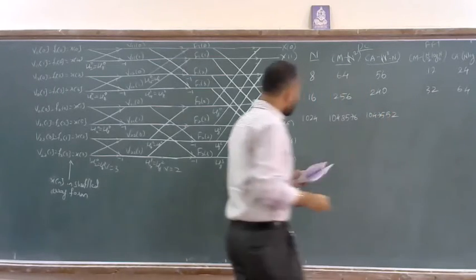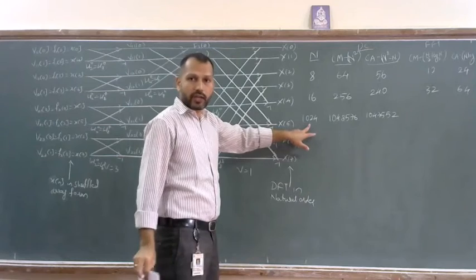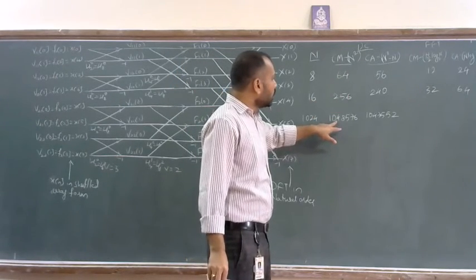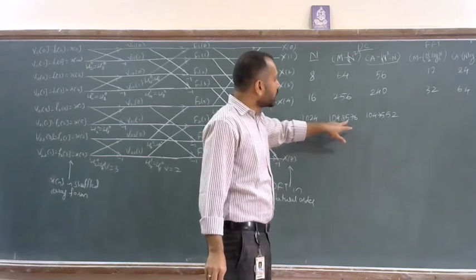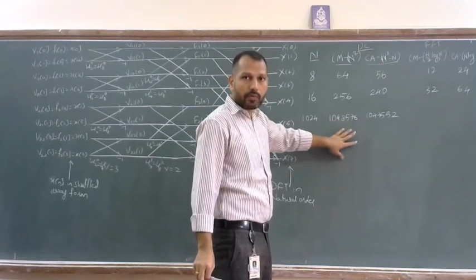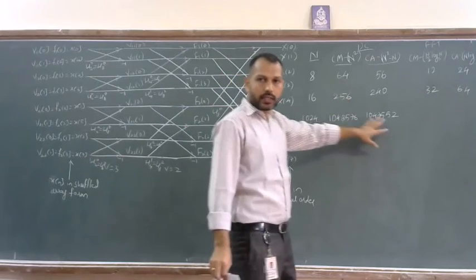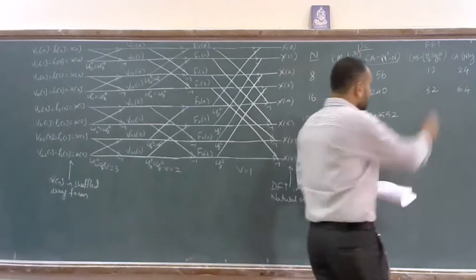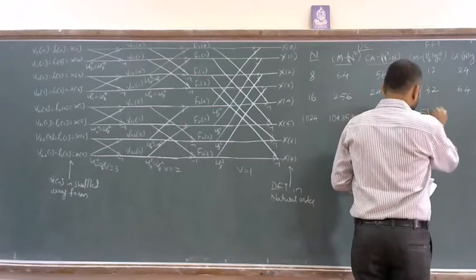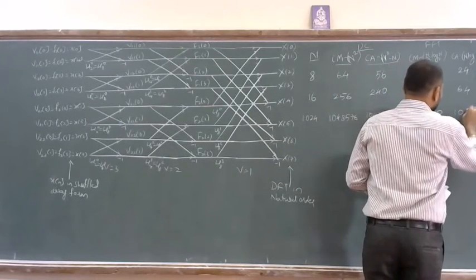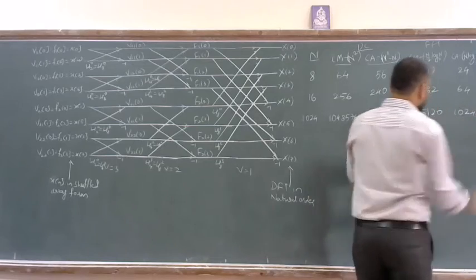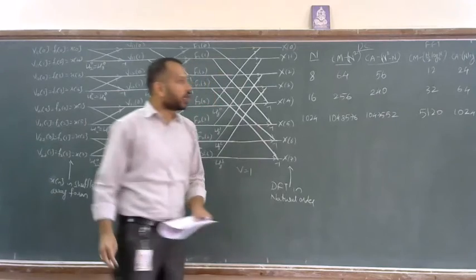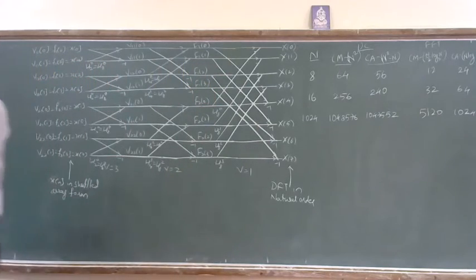Now if you want to calculate 1024-point DFT, by using the direct method, we'll have to perform 1,048,576, that is 1 million complex multiplications and roughly 1 million complex additions. But by using FFT algorithms, we'll just have to perform 5,120 complex multiplications and 10,240 complex additions.